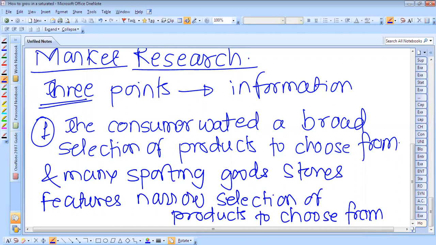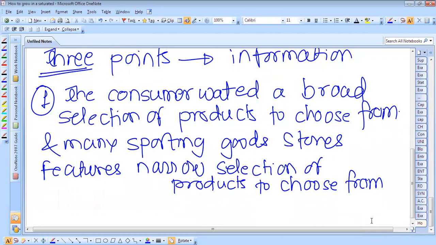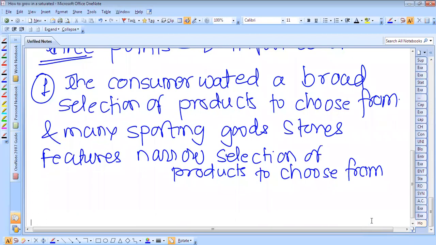So there should be a broad selection of products. If there is a narrow selection to choose from, definitely they will not turn to your store.